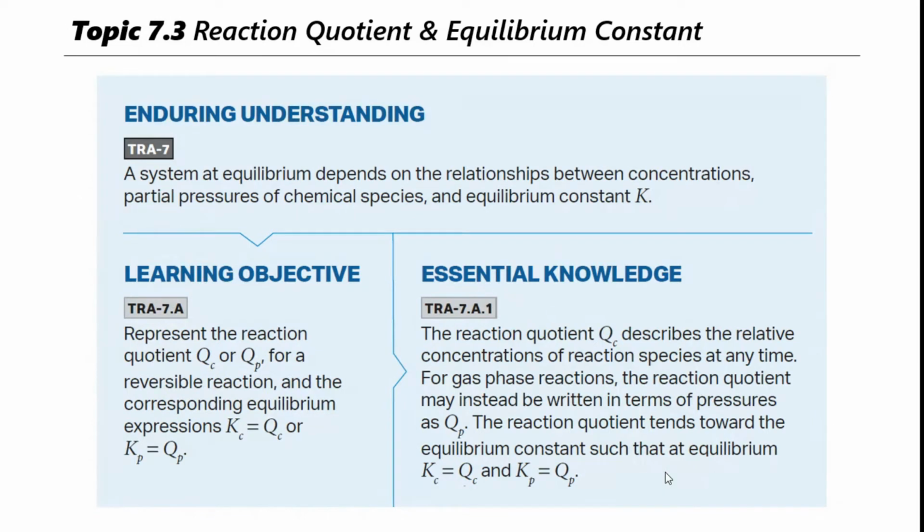Q is essentially our equilibrium constant when we're not at equilibrium. We haven't hit that point yet. And later on, we'll talk about how it tells us what the reaction is doing, kind of like the demonstration before with a reaction that is working towards hitting equilibrium.